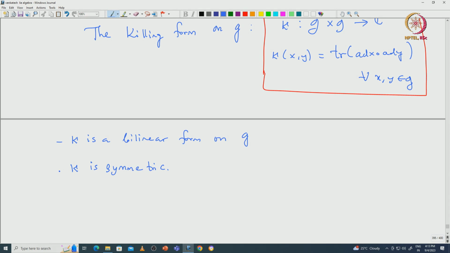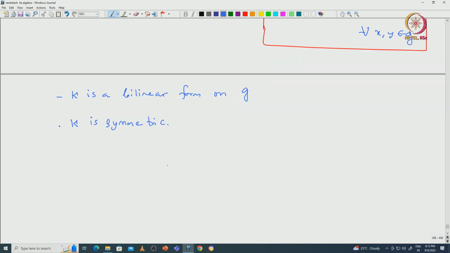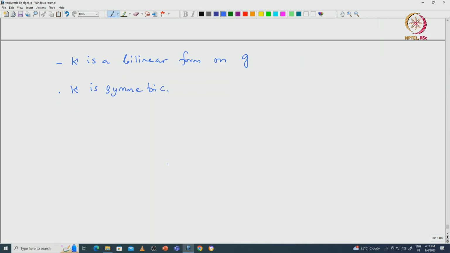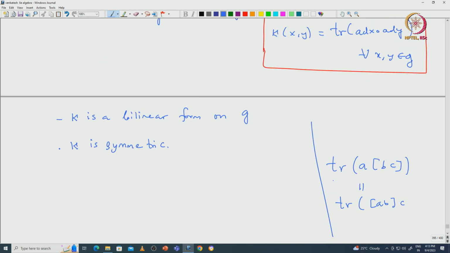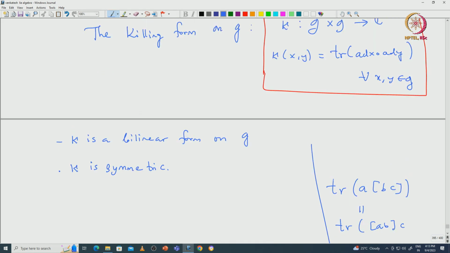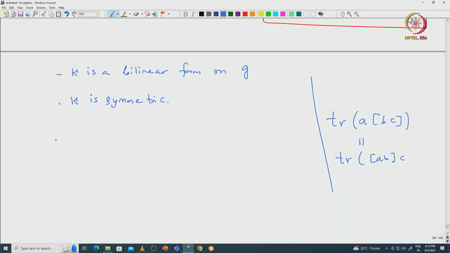Now there is one more important property that one can get from the trace identity. Recall that trace of A times bracket BC is the same as trace of bracket AB times C. If we write this identity in terms of kappa, what do we get?